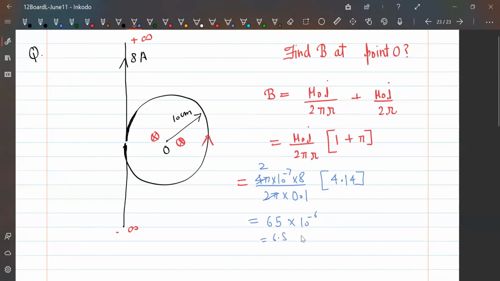That will be 6.5 into 10 raised to minus 5 Tesla, of course. So approximately this much value. So both the magnetic fields are added together.